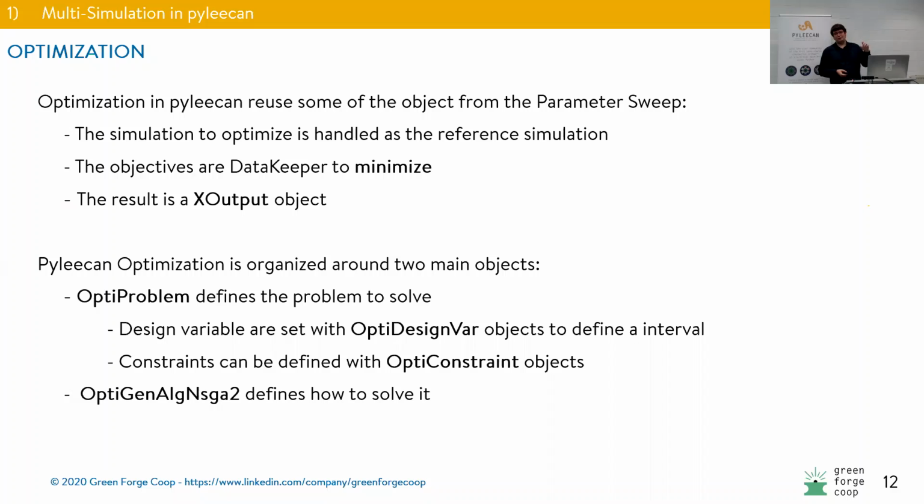You will be able to reuse all the complexity for the data keeper and so on, just by reusing the OptiProblem. So everything is split. So every improvement that we make either on OptiProblem or on the solver will benefit all the other solvers and problems.